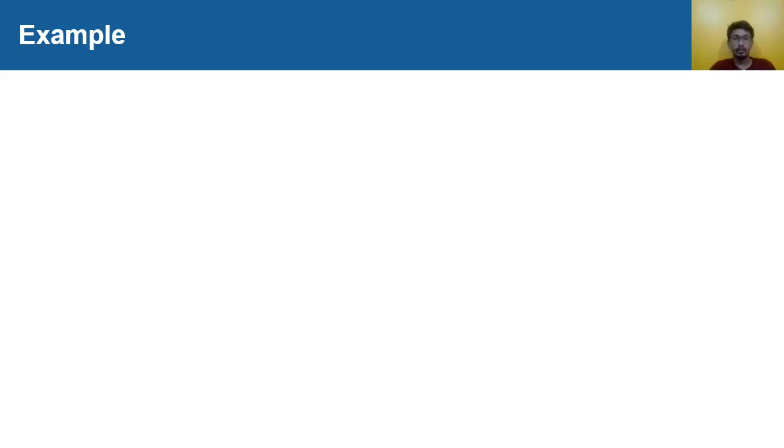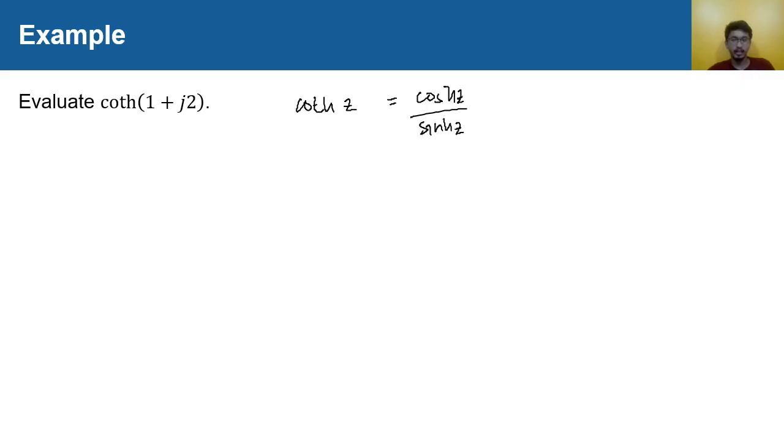Next example, we have to evaluate the hyperbolic cotangent of 1 plus j2. From the definition, as you can recall, hyperbolic cotangent of z is cosh z over sinh z. So we need first to obtain cosh of z and sinh of z.